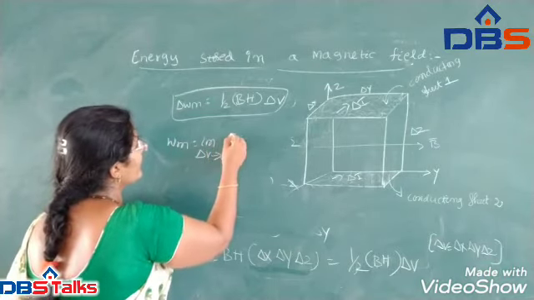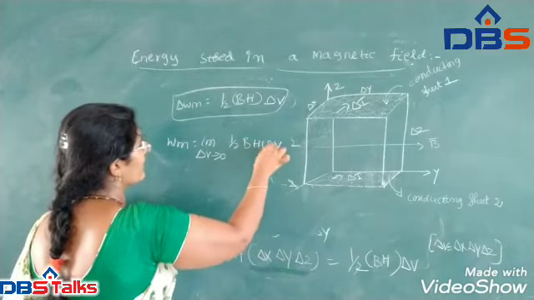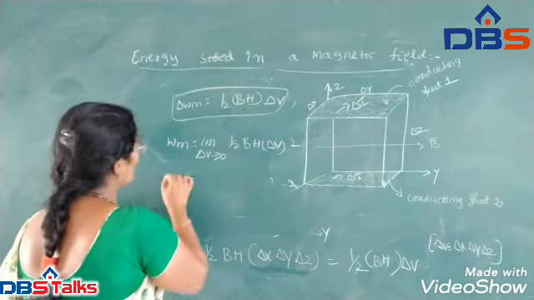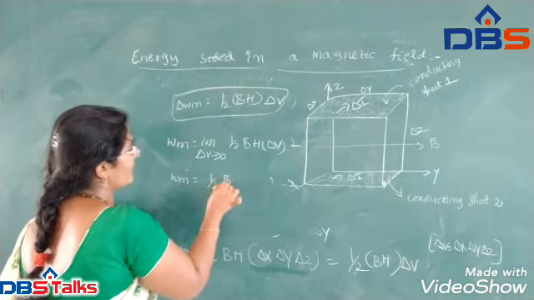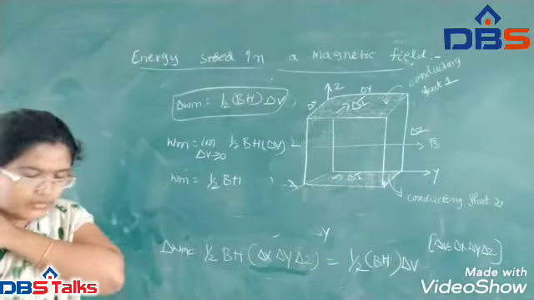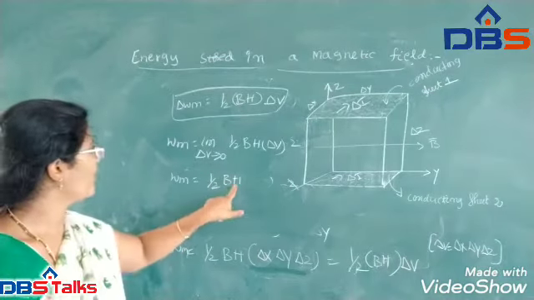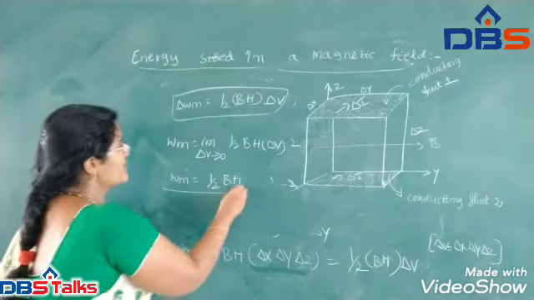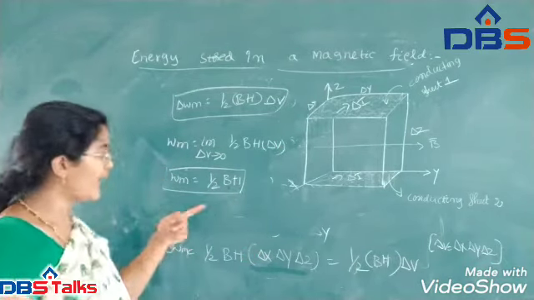So here you can write Wm equals the limit as delta V tends to 0 of half BH delta V. So at that time here you can get Wm is equal to half BH, where V tends to 0.